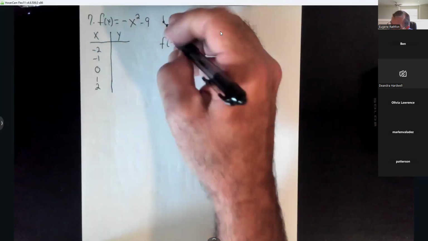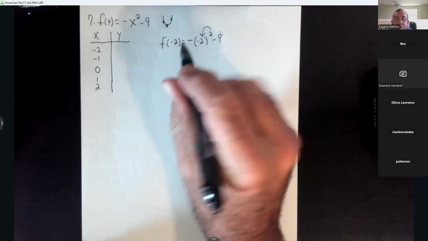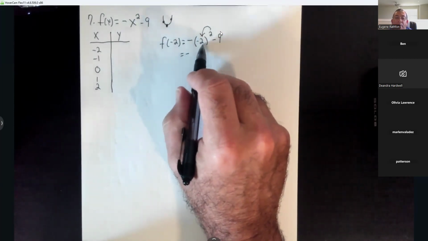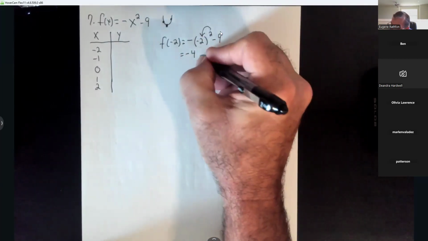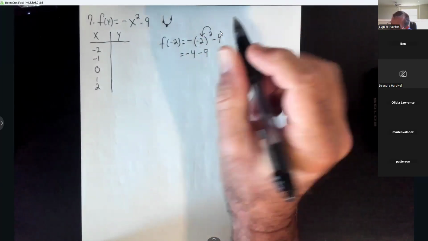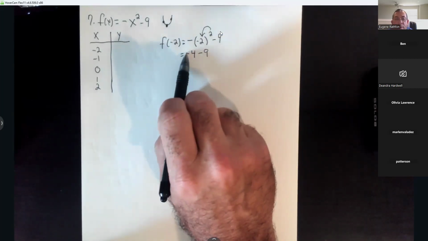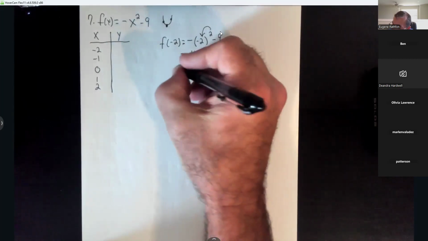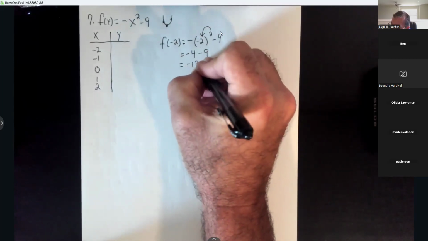So bring down that first negative, square -2. Well, y'all, -2 times -2 is 4. And then bring down that minus 9. So if you got a negative in front of an x squared, it's going to stay negative. And then -4 minus 9 is -13.